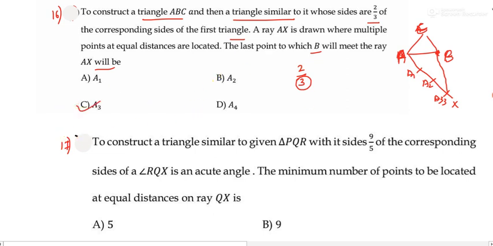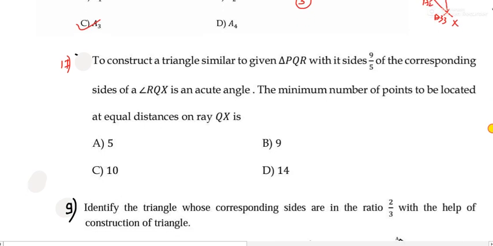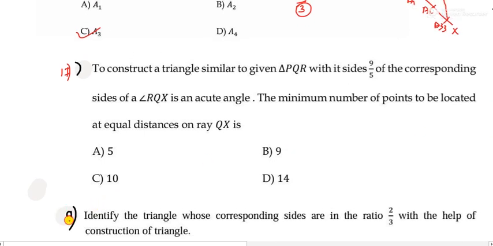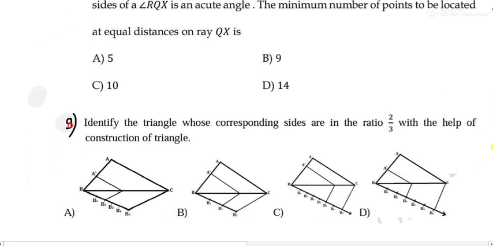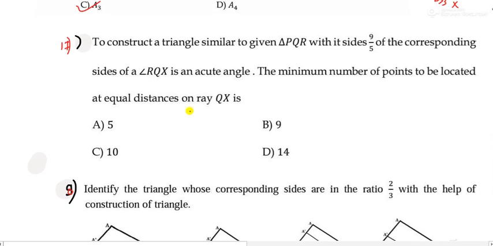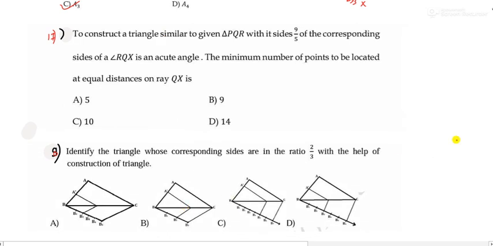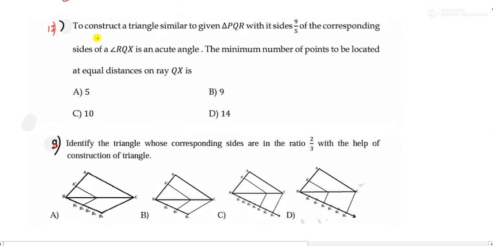Now the last questions, you have two more. These are question numbers 17 and 18. You can take these two questions as homework. Just look at the question. To construct a triangle similar to the given triangle PQR with sides this much, the minimum number of points on QX.